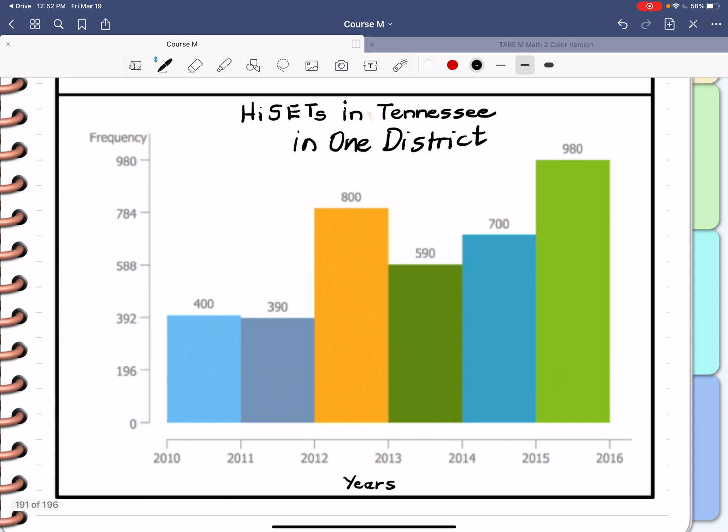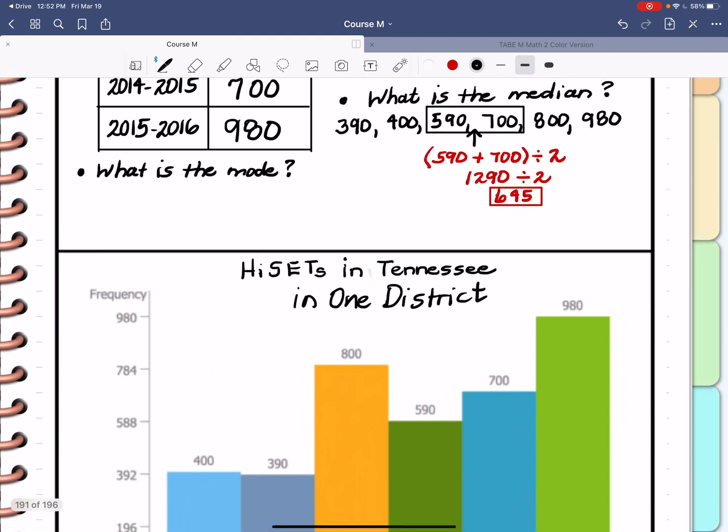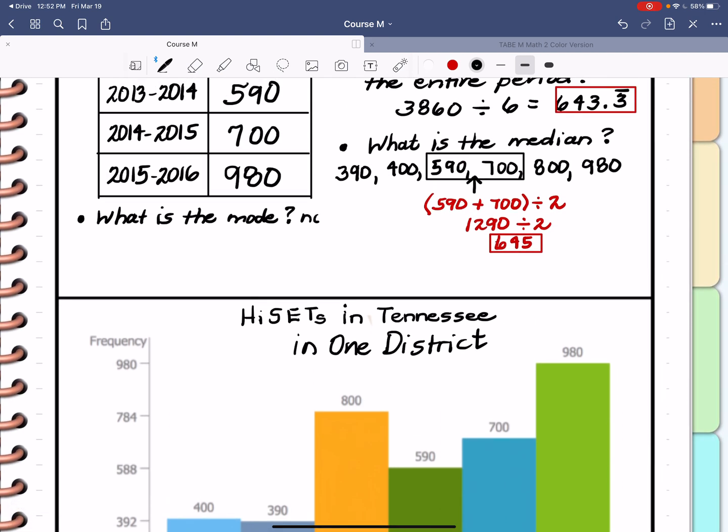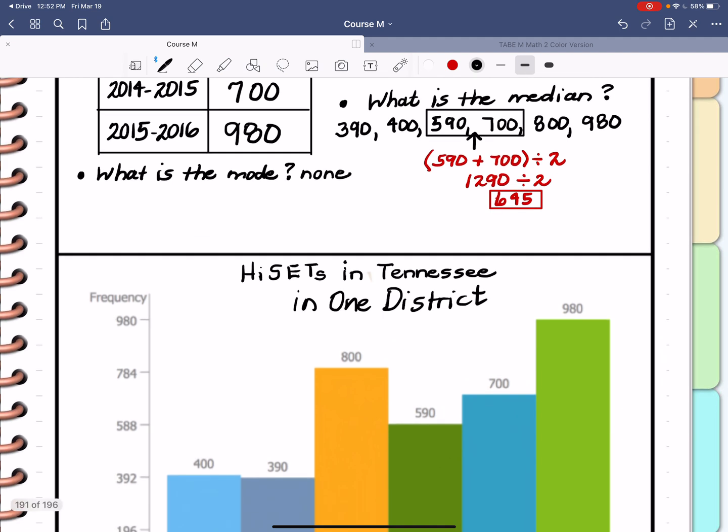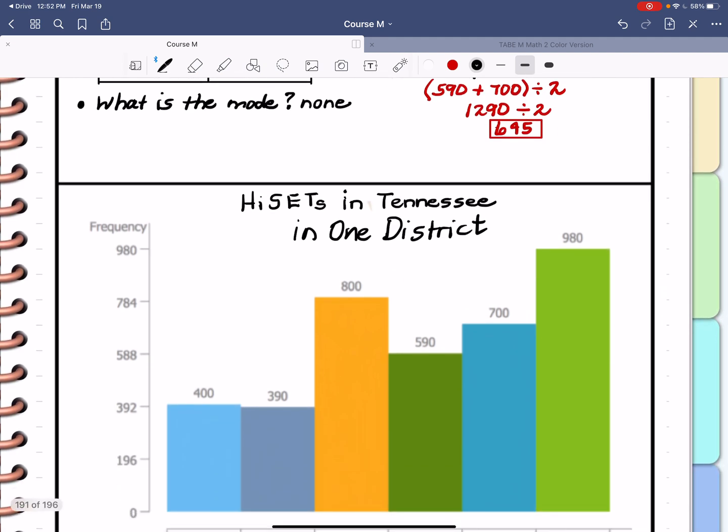Are any of your bars the same height? No. So there is no mode. To have a mode, you have to have bars that are exactly the same height. So on this one, no mode.